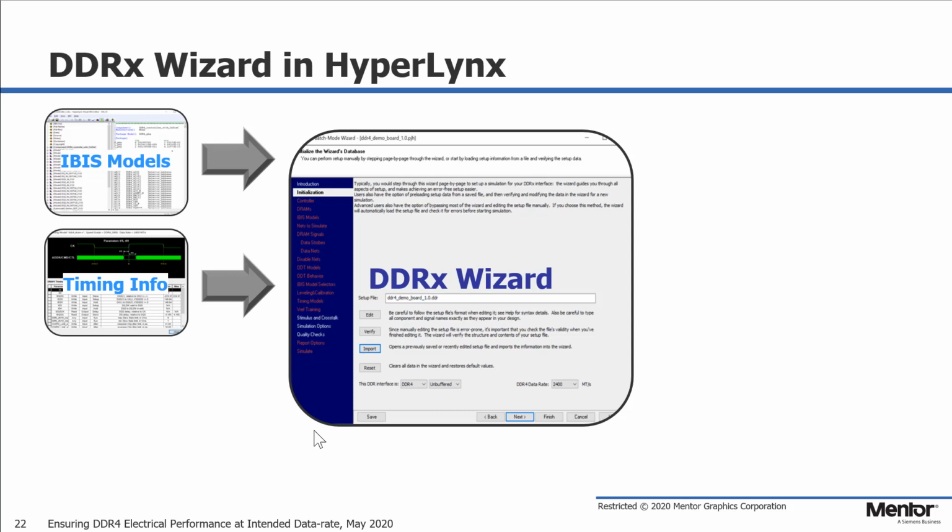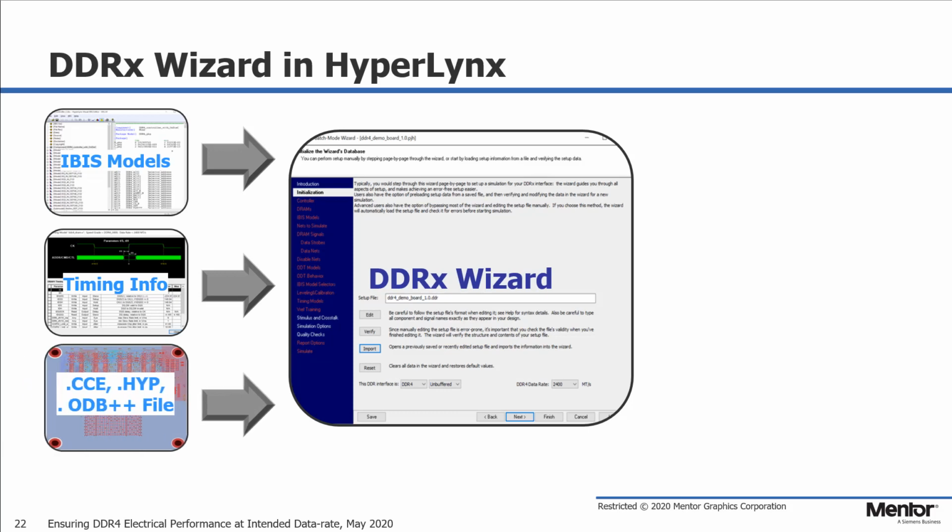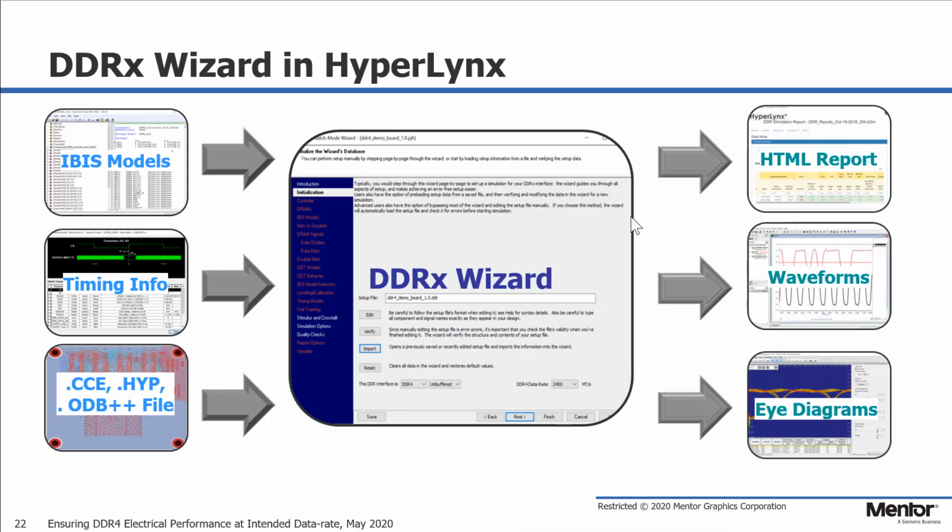For the controller, we provide a wizard to create the timing file. And you will need the design layout file in CCE or Hyp or ODB++ formats. You set up the wizard and simulate to get the HTML reports, waveform files, and eye diagram plots.